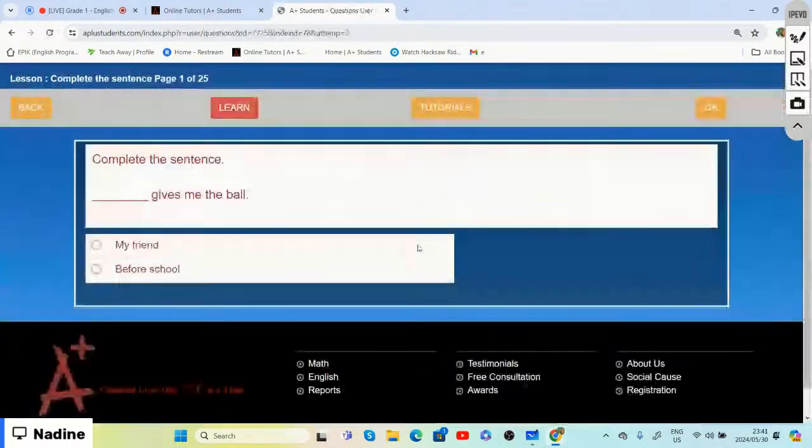So we're now going to complete the sentence by choosing the correct sentence from the box. All right, so if we were to select the correct one, do we say, my friend gives me the ball or before school gives me the ball?